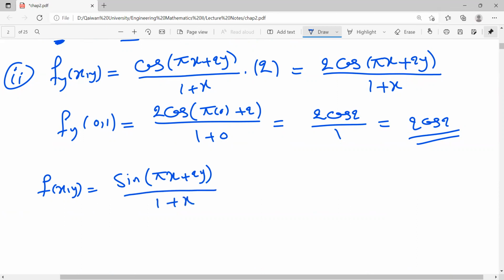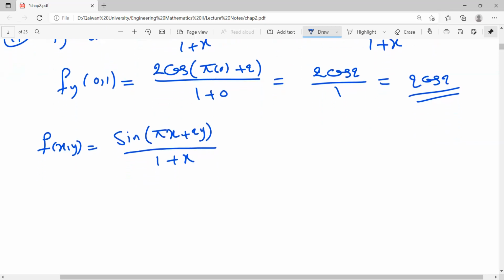We are going to find the partial derivative of this function with respect to x. So here we treat y as a constant. f sub x of x, y equals.